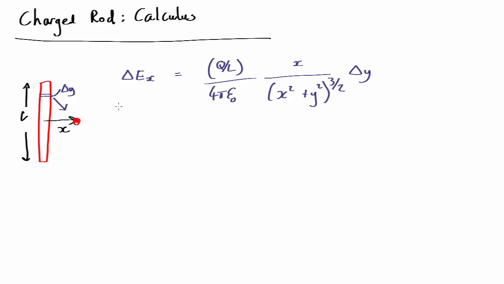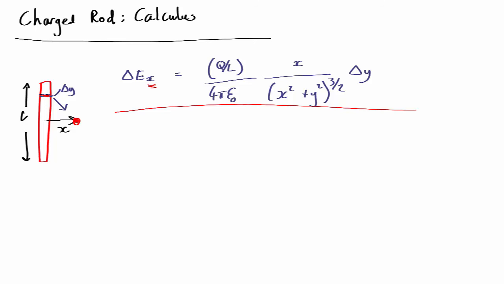If you remember, we have our step equation here saying that the amount of, let's just look at the x component for the moment, the amount of the electric field in the x component is given by this. For the y component, it just has a y on top. That is the amount of electric field x component from one particular little slice over there.